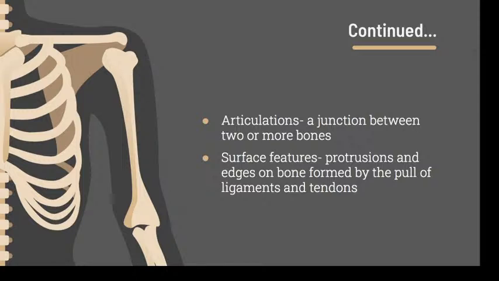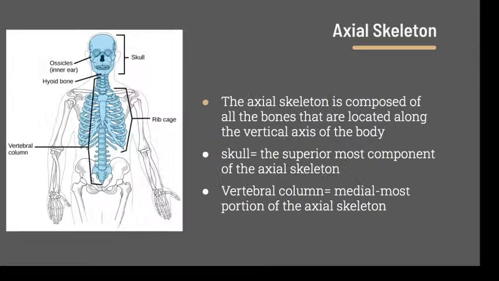So let's talk more about the axial skeleton, which is, as we said, in the medial part of our body. The axial skeleton is composed of all bones that are located along the vertical axis of the body. The skull is the superior most component of the axial skeleton.